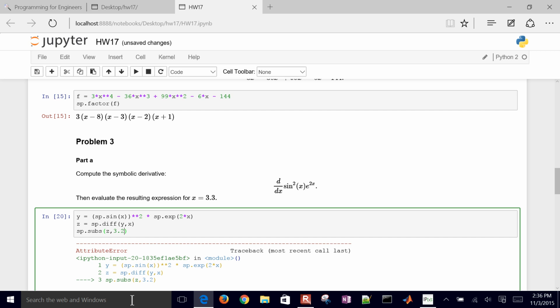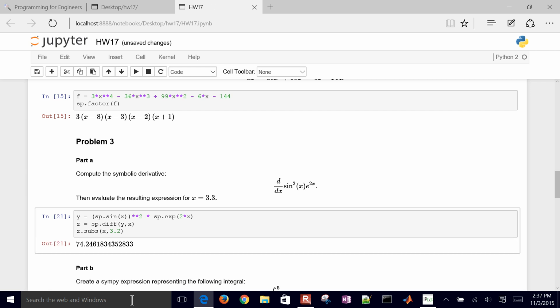Oh yes, okay, this is going to be X. I needed to do Z subs, and then I'm going to replace X with 3.2 instead. Okay, so I have my function, which is Z, and in that function I'm going to take all of the X values and replace those with 3.2, and then I'll evaluate it, and there I have 74.2.